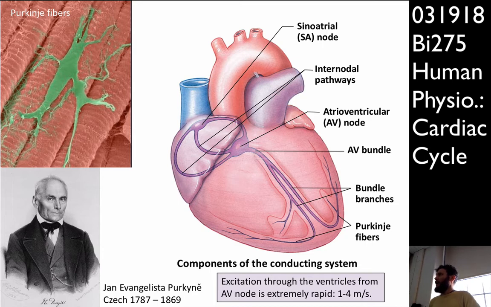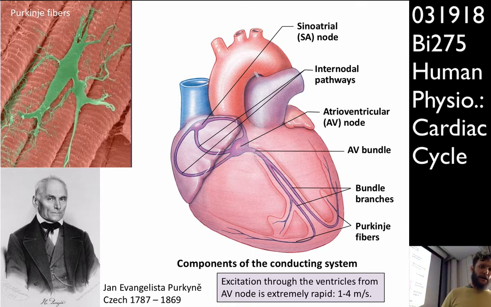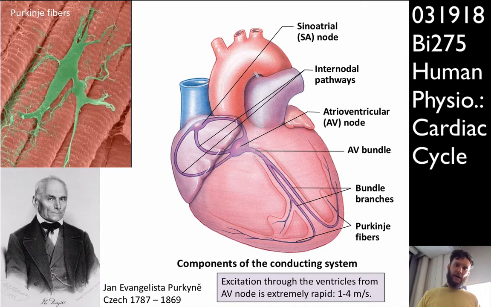This initiates with the sinoatrial node, the SA node, which we see here right at the junction of the superior vena cava and the right atrium. From there are these internodal pathways that run throughout the myocardium of the atrium, throughout the muscle wall of the heart, and then converge upon the atrioventricular, or AV node.